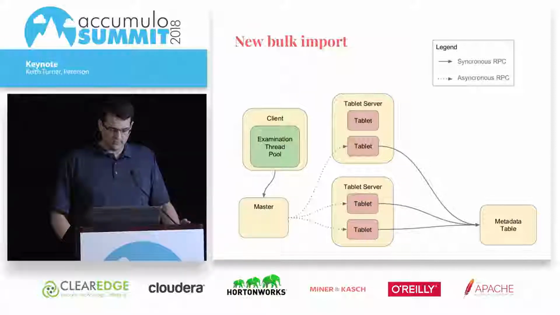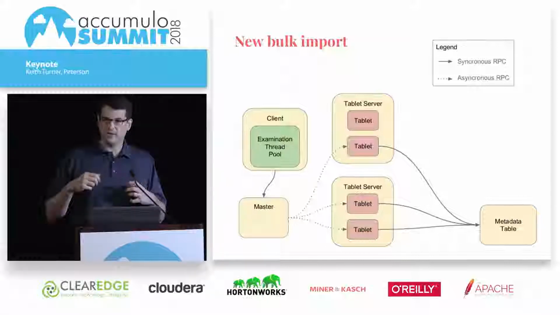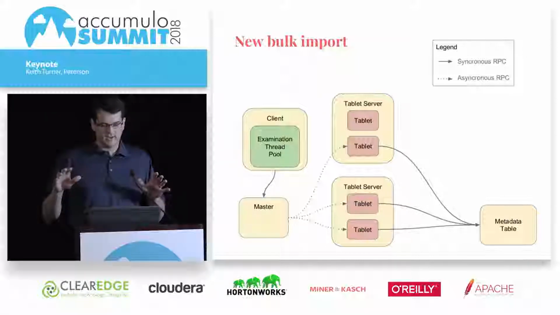So the new bulk import works in a completely different way. The client will do this is one way it can work. It can actually work in multiple ways. The client will do the examination of the files. Now, one thing that's very different, when the client's doing the examination versus all these random tablet servers, the client can actually make a lot less calls to the name node, because it can make a few calls to the name node and get some batches of information, and then just use that.